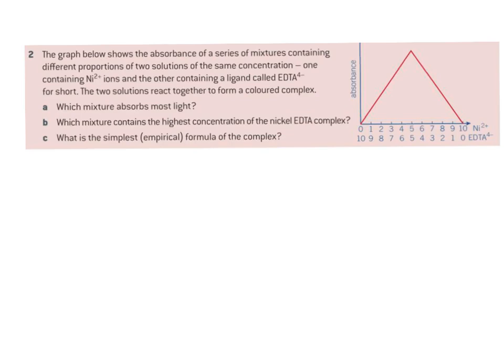The two solutions react together to form a coloured complex. It asks which mixture absorbs most light, which mixture contains the highest concentration of the nickel EDTA complex, and therefore what's the simplest empirical formula of the complex. Pause the video, work out your answer, release the video and see if you got it right.